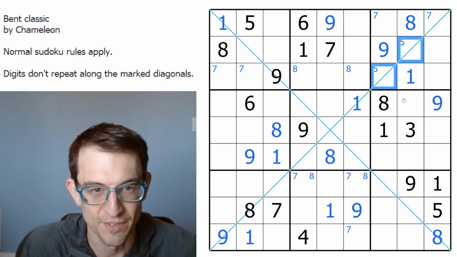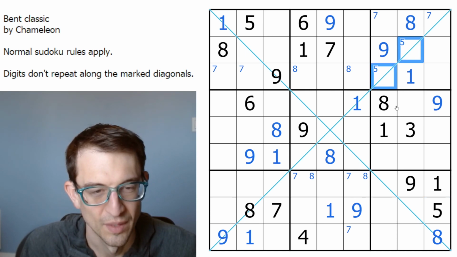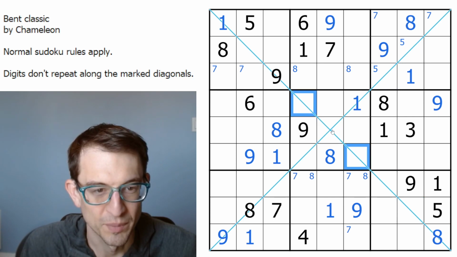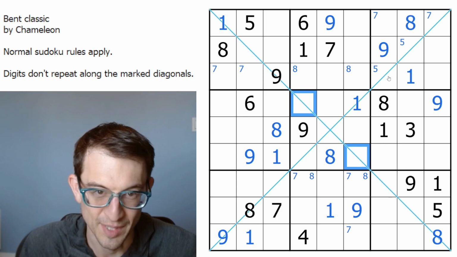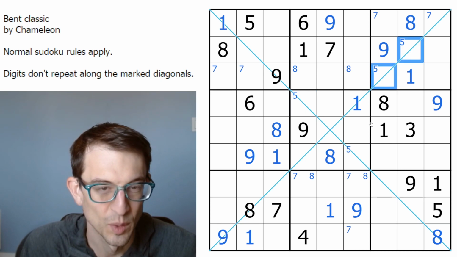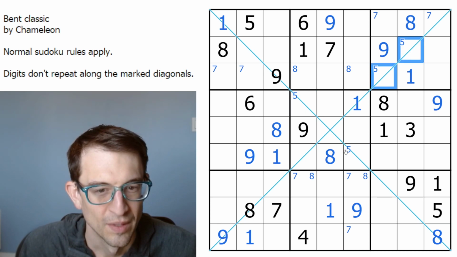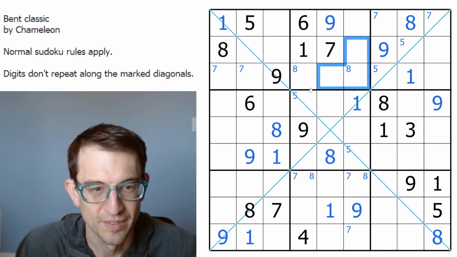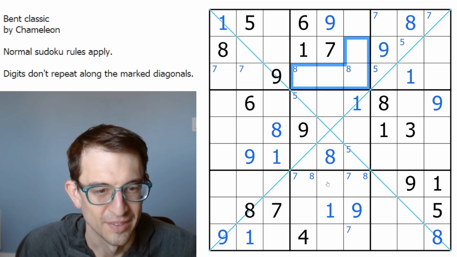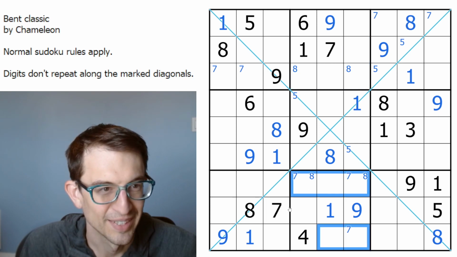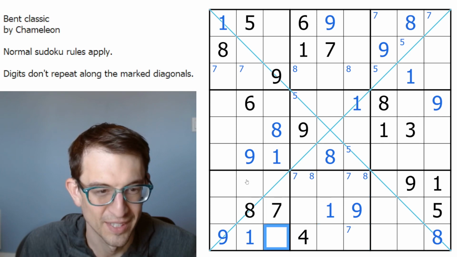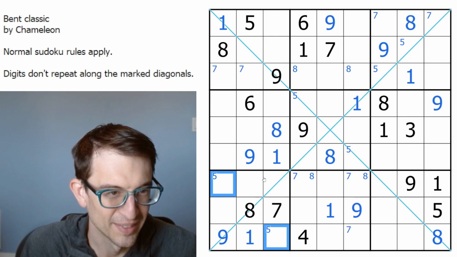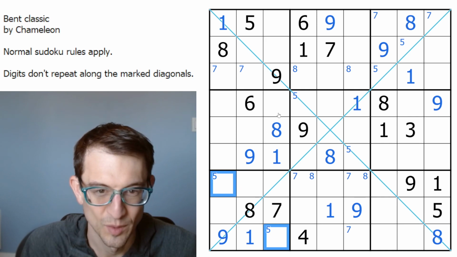So one of these is a 5. And then where does 5 go along this diagonal? It has to go in the middle, but not in the exact middle, because that's along the same diagonal where it's just forced a 5 here. So one of these is a 5, one of these is a 5, and then, yeah, I think that's pretty much the end of our 5 logic. One of these corners, I'll mark it, but I don't think that's going to do much for us.